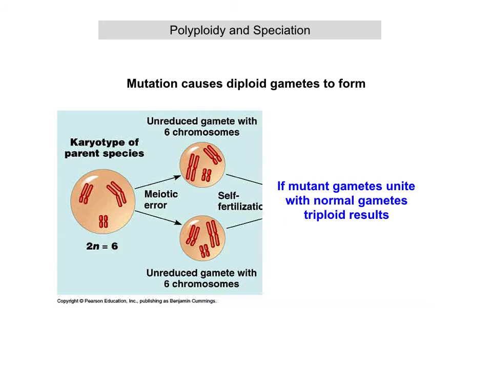This genome duplication, or the formation of these polyploid species, can also cause a separation, obviously, from the parental population or species to the offspring population or species.